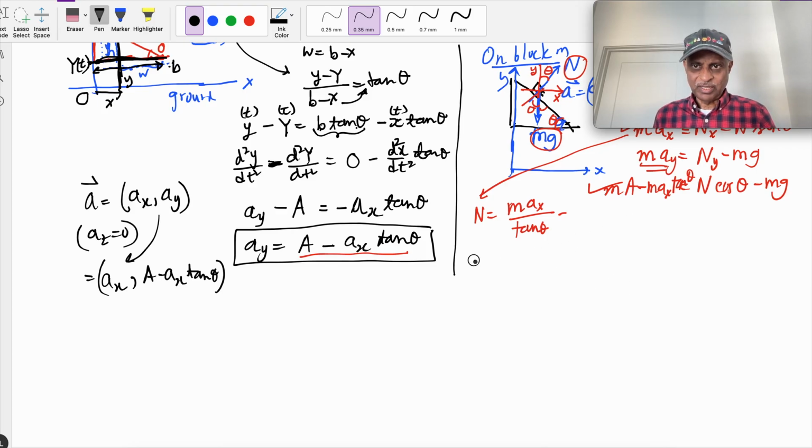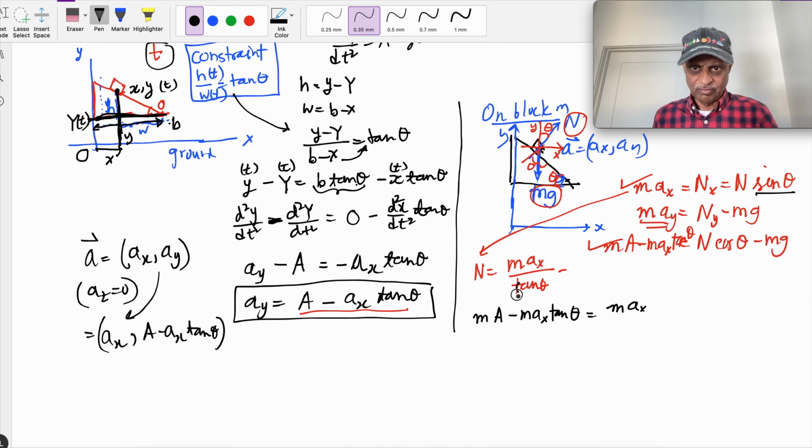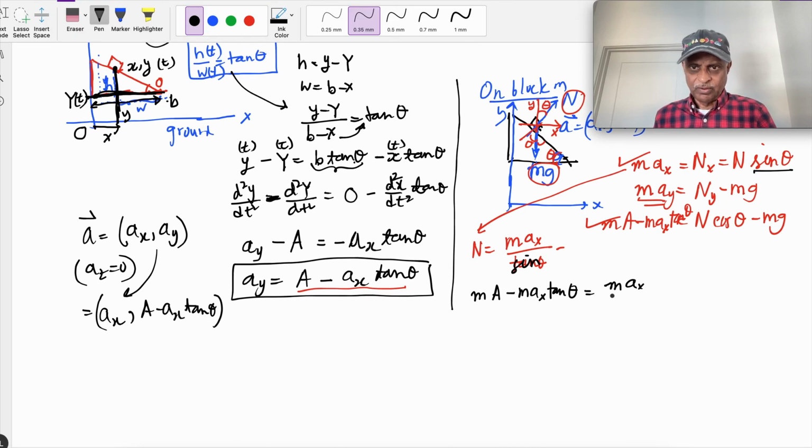So this just looks like m a minus m ax tangent theta equals m ax over sine theta times cosine theta minus mg.